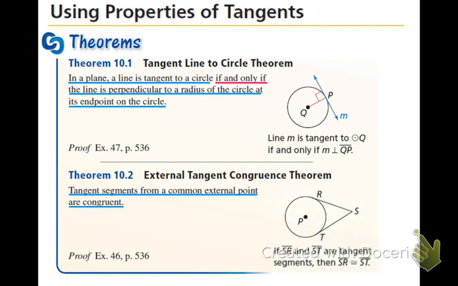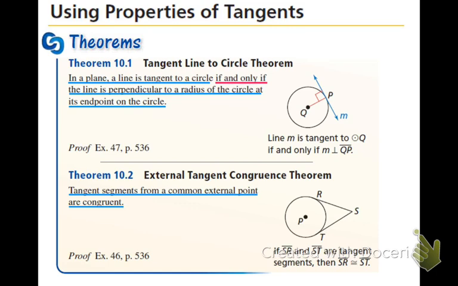So it looks something like this. RS and ST are tangent lines. They both intersect at S. So that means that ST is congruent to SR, meaning if ST is 5.4, what is SR? 5.4, that's all this theorem says.